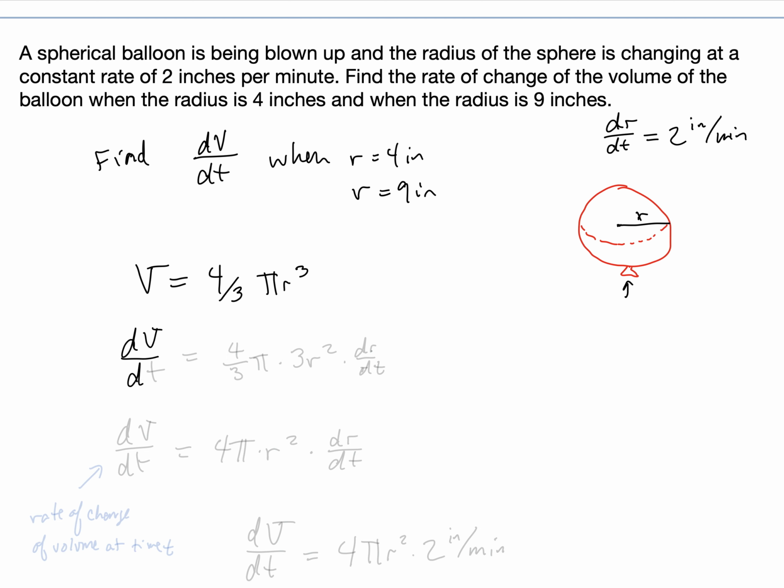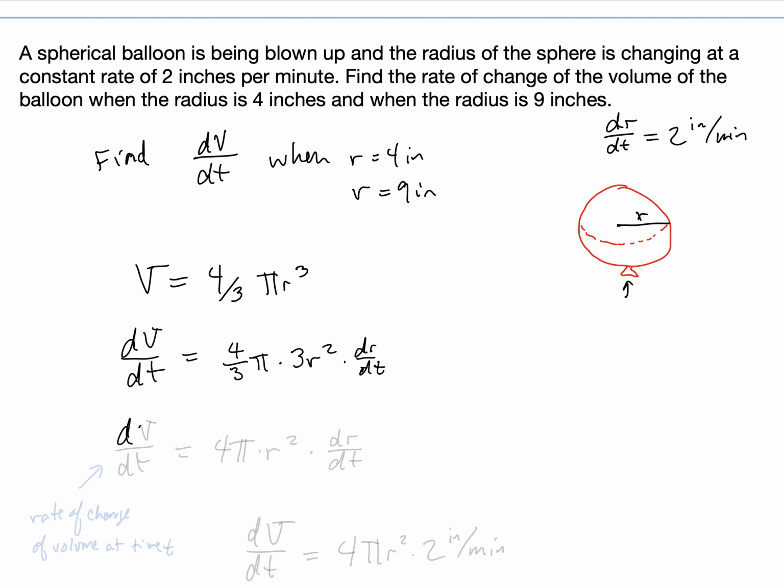The derivative of V is just dV/dt, the volume is a function of time. The derivative of 4/3 pi r cubed with respect to t is, it's multiplied by a constant, 4/3 pi just stays the same, times the derivative of r cubed, which is 3r squared times the derivative of the inside function, dr/dt. So 4/3 pi times 3 times r squared dr/dt.